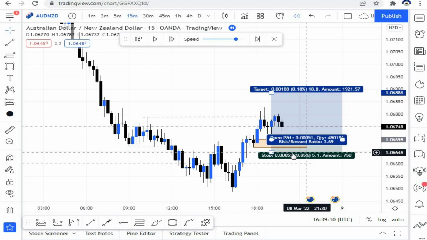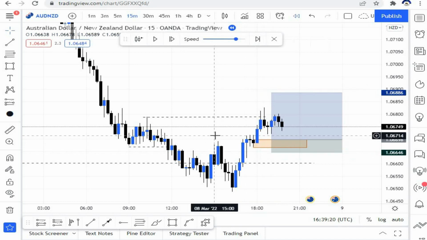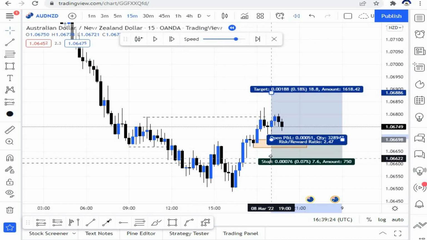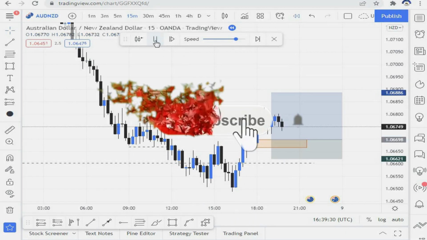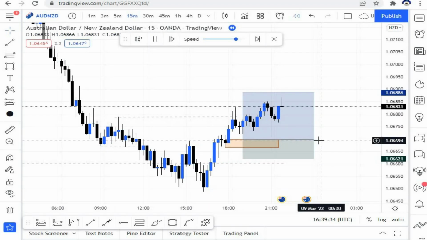Normally I use 15 pips, but you can see this is like 5 pips to 4 pips. If you like, you can use that because that was our last high, but you can also use this zone area as your SL. So now let's see what the price will give us there.